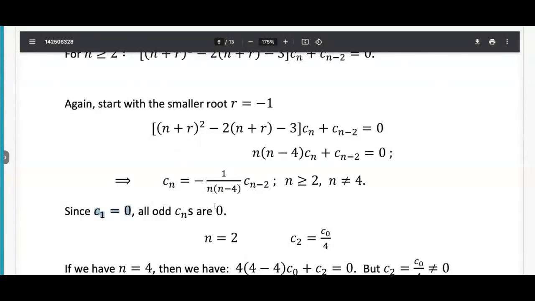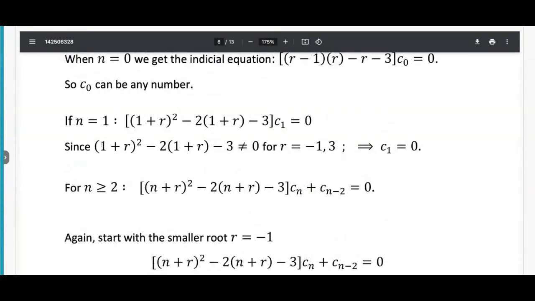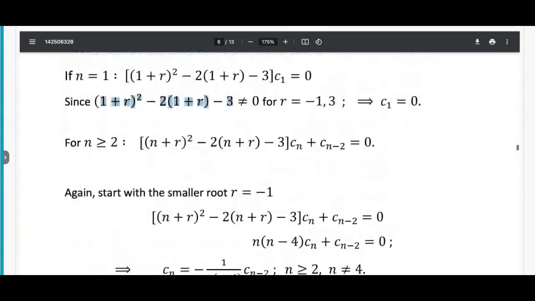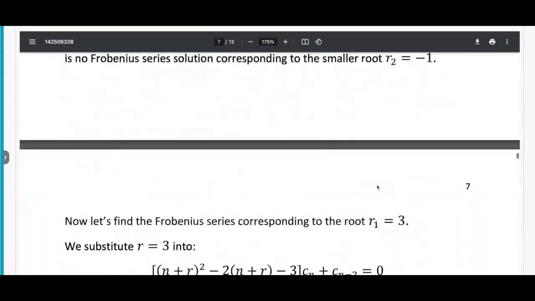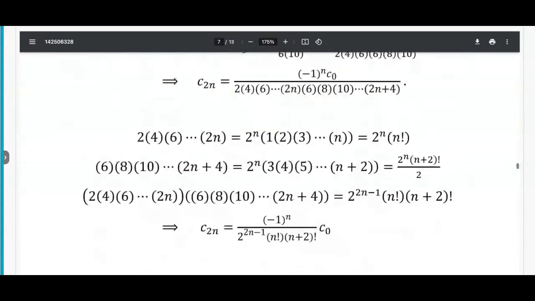So you plug in n equals 1 into this initial equation. Oh, right. Okay. For the other terms, because of the two solutions. Sorry, I missed that. Okay, great. Does anyone else have any questions?